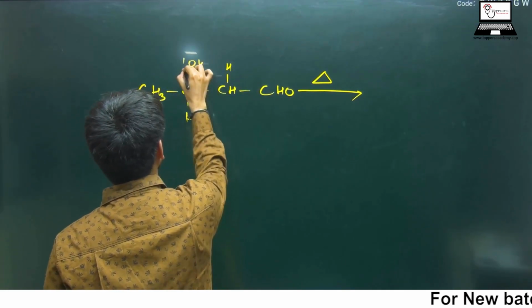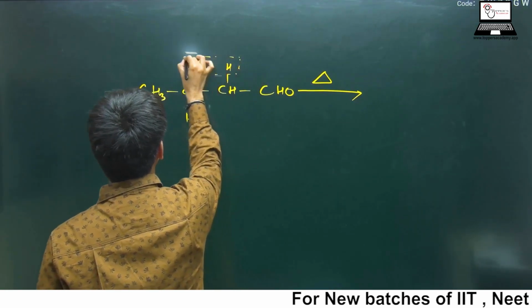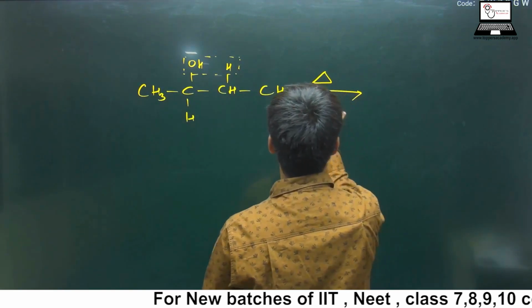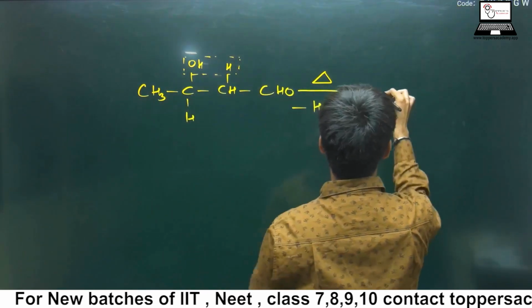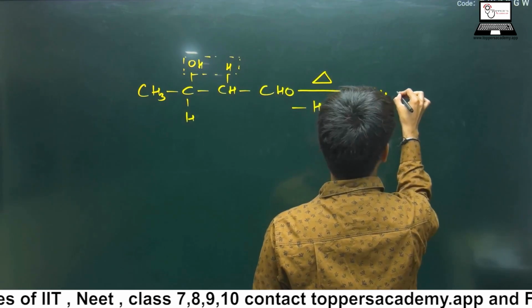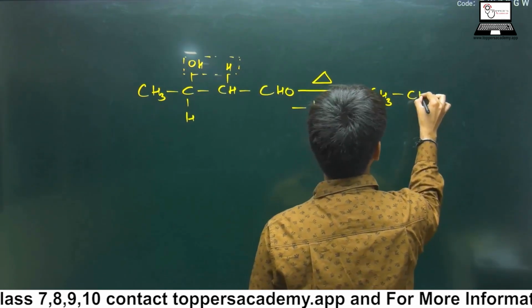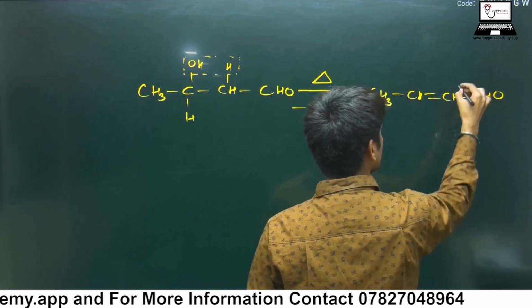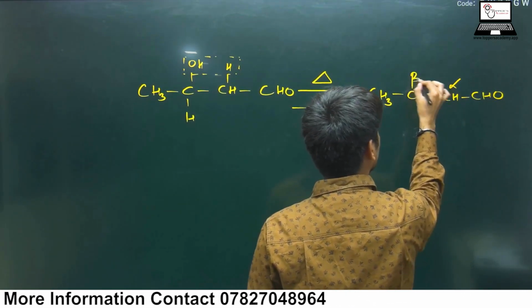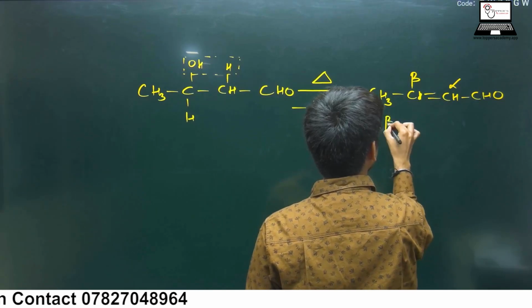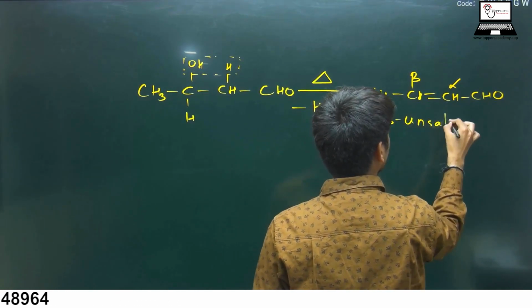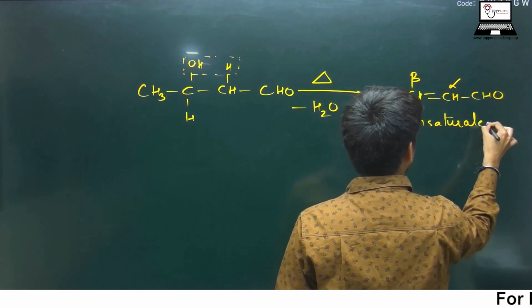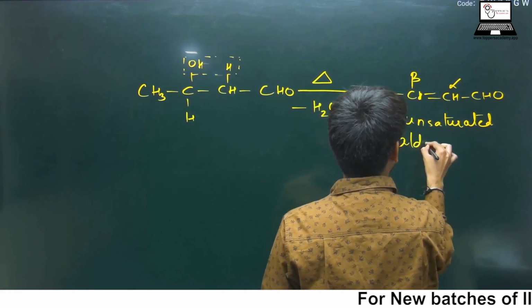There is a removal of a water molecule from here, and what do I get? CH3 CH double bond CH CHO. Now this is your alpha, this one is your beta, so can I call it alpha beta unsaturated aldehyde? Alpha beta unsaturated aldehyde.